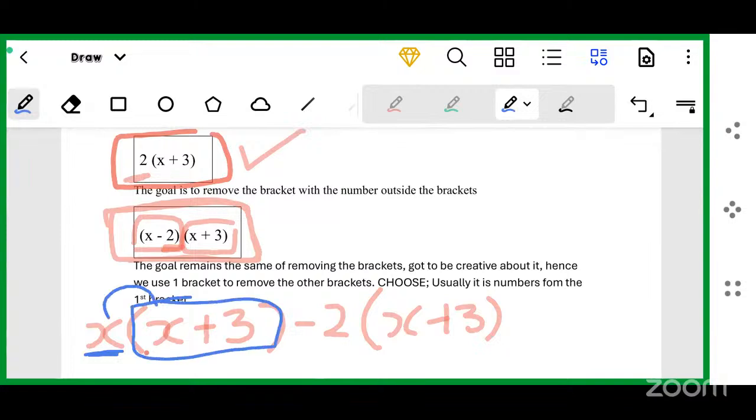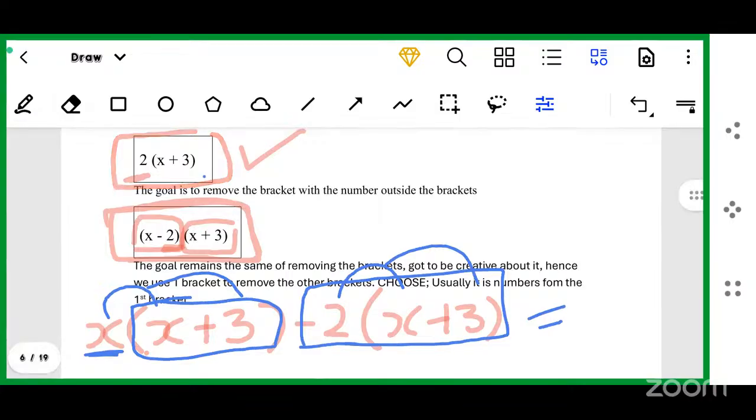So it's gonna be x multiplied by x, and x multiplied by 3. Even here, this is similar to the other one. It's gonna be 2 multiplied by x and 2 multiplied by 3, and you get your final answer with your like terms. So let me not go deep with this one. Or do you want me to solve it with you or for you?